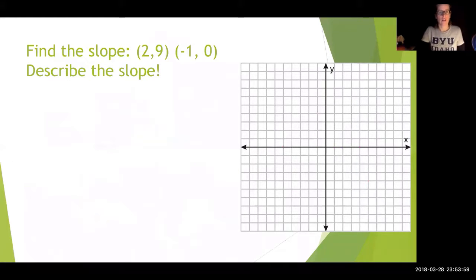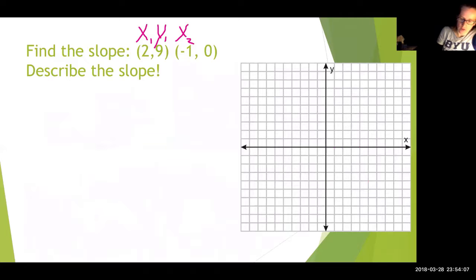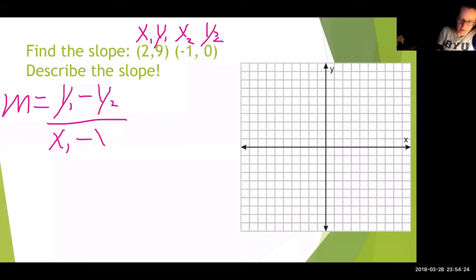Moving right along. All right, find the slope and describe the slope. So here we go. X1, Y1, X2, Y2. Until you get really comfortable with slopes, I suggest you always label them. And remember, if you need to write this down every time, you can do that. y1 minus y2 over x1 minus x2.